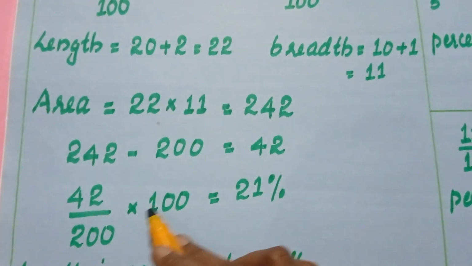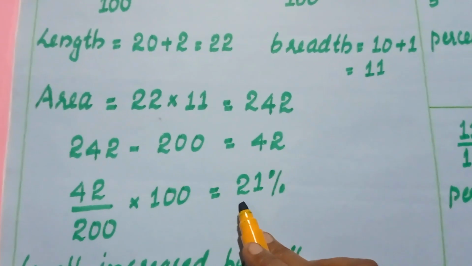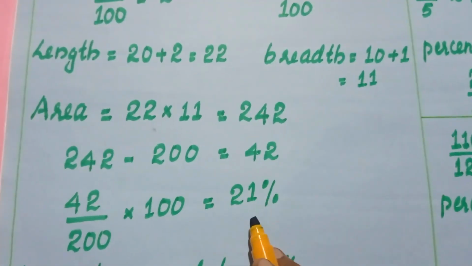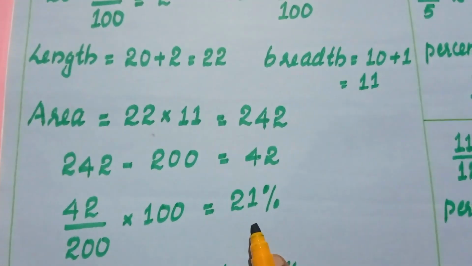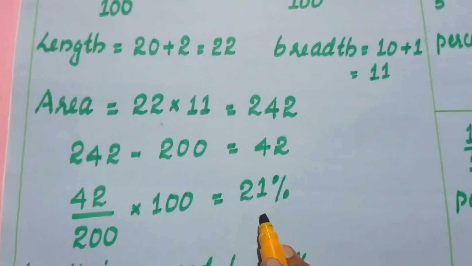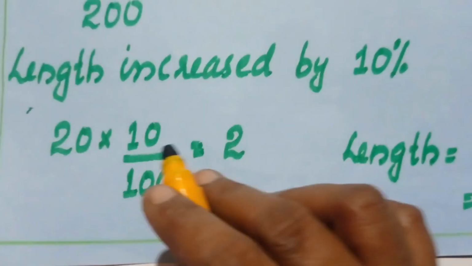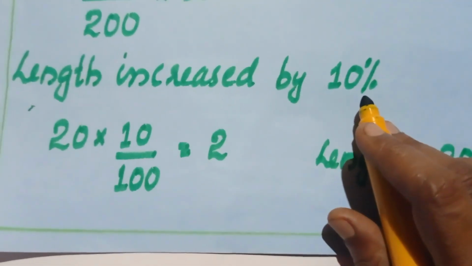Then cut these two 0. 42 divided by 2, 21. Then the percent of the area is 21%. Then 21% area increase.